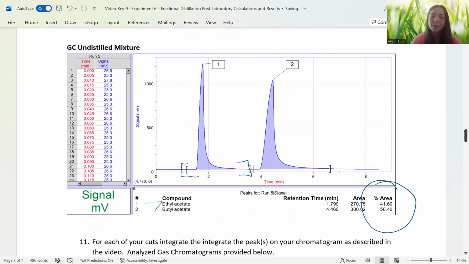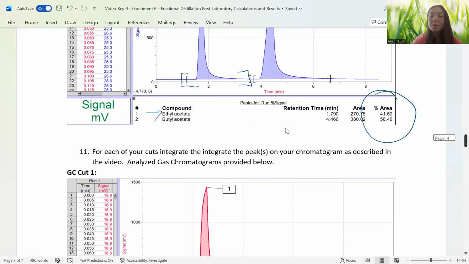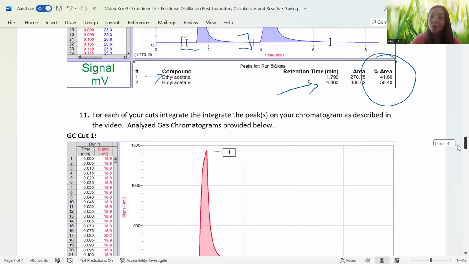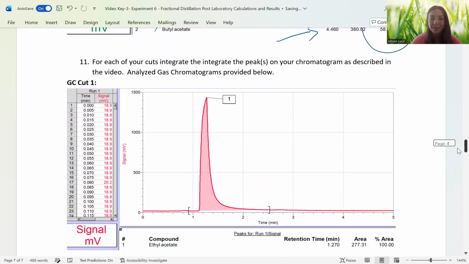Instead of just calling them component 1 and 2, we're going to make an educated guess that it's ethyl for compound 1, butyl for compound 2. And we have these percent areas that were determined for each of these curves here, and their own retention times, but these are from a mixture. Keep that in mind, and why they might be different from our standards of ethyl and butyl acetate.